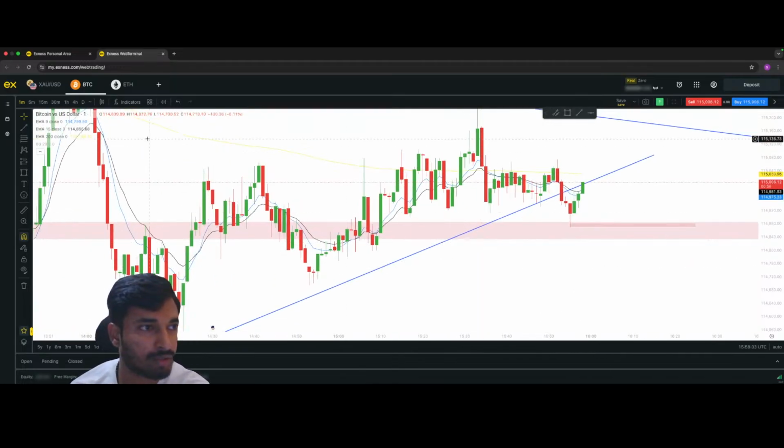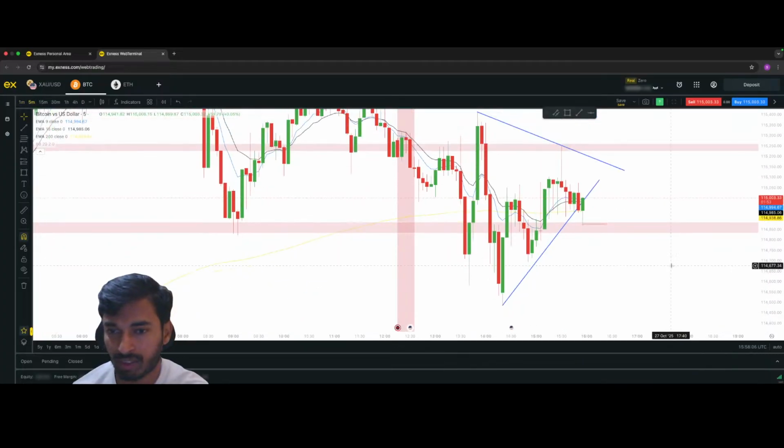So it is going bullish now. It is taking support at the 200 EMA.